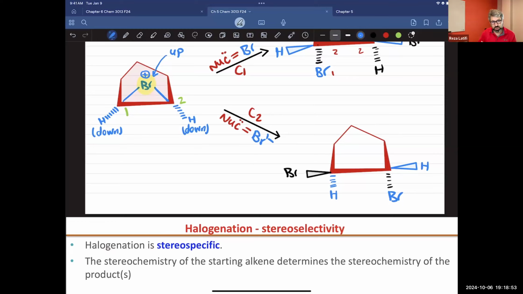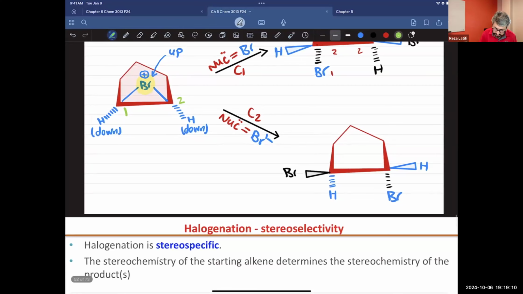So we have a bromide that is sitting on the top of the molecule, so we have to reach the system from the bottom. So technically our nucleophile, which is this, reaches this carbon from the bottom, or that one reaches carbon number 1 from the bottom.